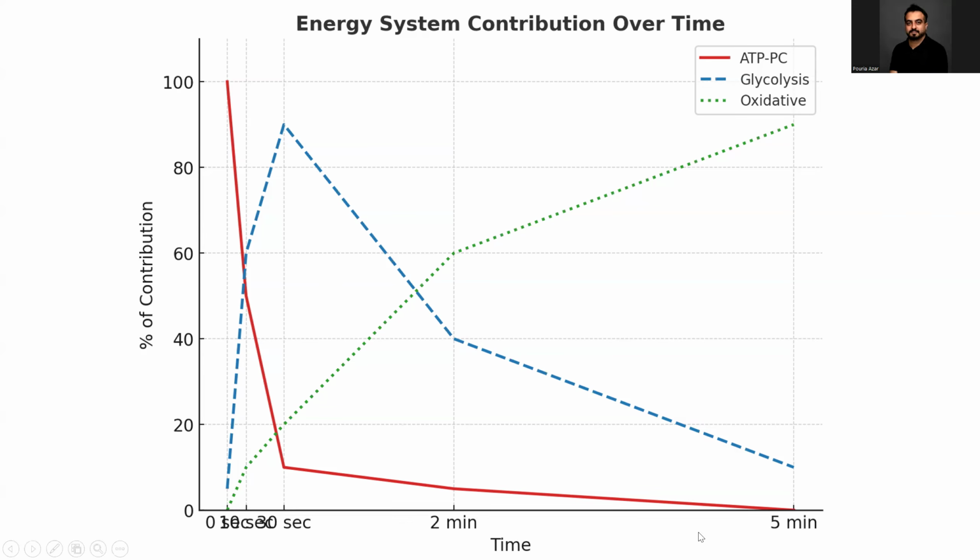But over time, like at 5 minutes, we predominantly use the oxidative phosphorylation energy system compared to other energy systems. But at the beginning of the exercise or physical activity, we use ATP creatine phosphate, which is almost 100%, but it decreases over the course of time and other energy systems become predominant.